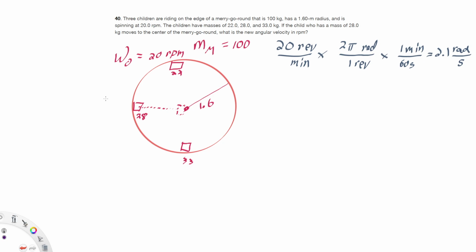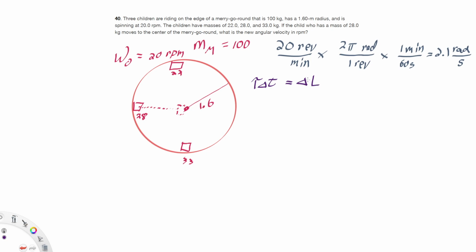What we would like to do next, so here's our idea, right? A torque applied for a time causes a change in angular momentum. There are no torques in this situation.